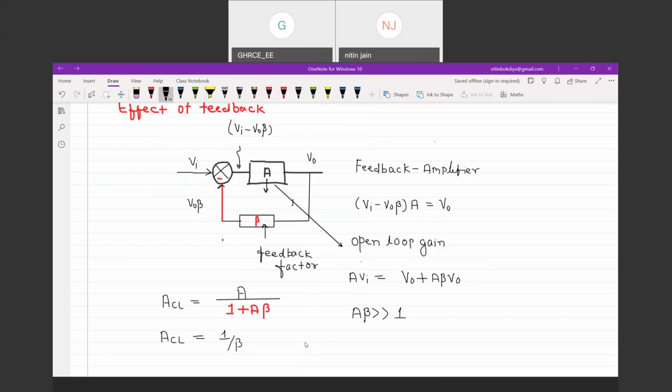So the one word answer is desensitization. Desensitization is the one word answer for feedback. है ना? It desensitizes the gain. है ना? Gain is now not a function of beta. So this is the meaning of feedback.